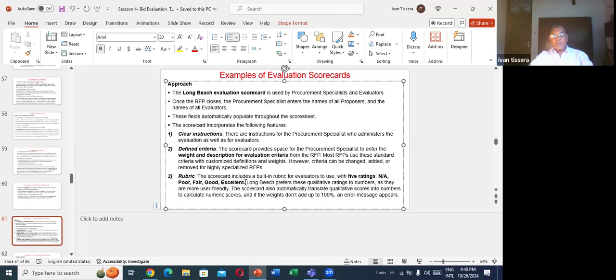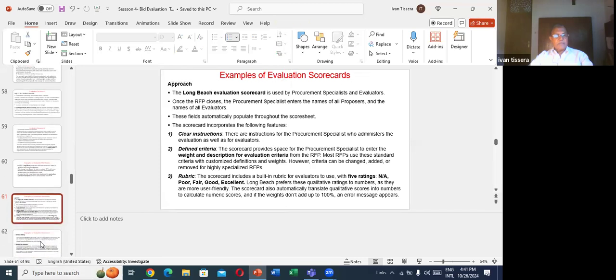The scorecard also automatically translates qualitative scores into numbers to calculate numeric scores. And if the weights don't add up to 100%, an error message appears.